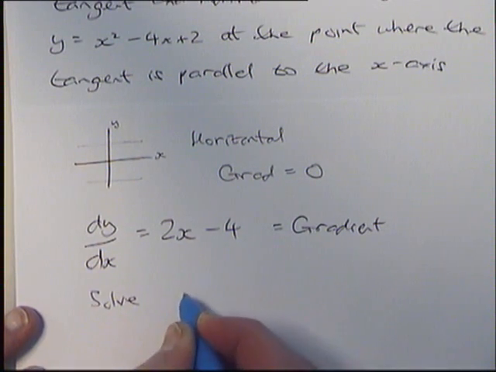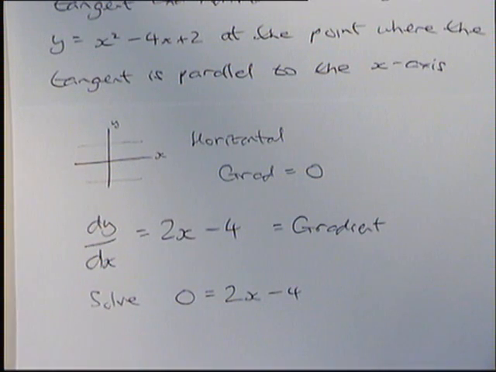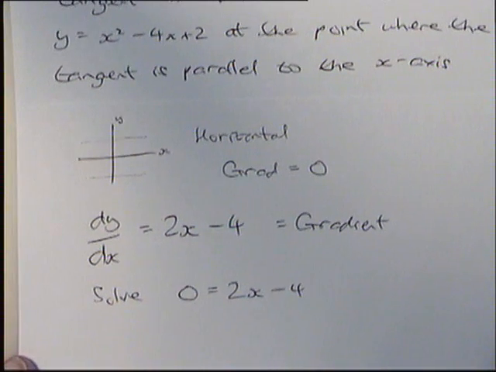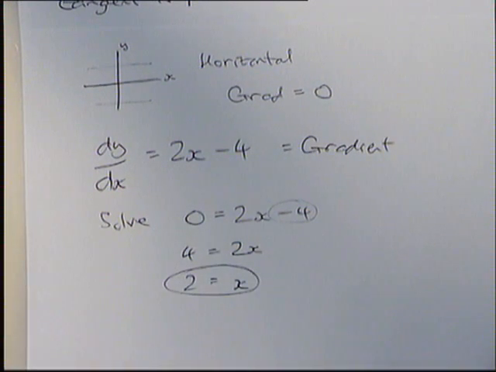So if I solve 0 equals 2x minus 4, I will find the value of x that I'm interested in. If I move that minus 4 to the other side, think of it as adding 4 to both sides, and then divide both sides by 2, I know that I'm interested when x equals 2.